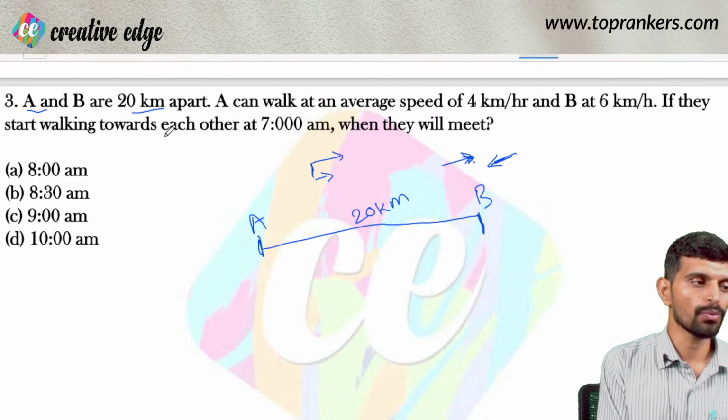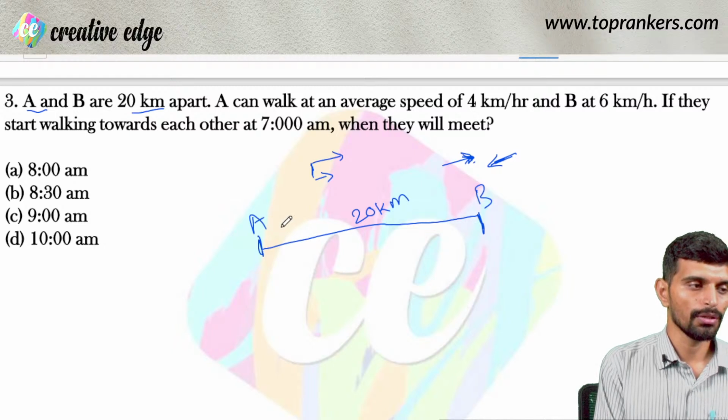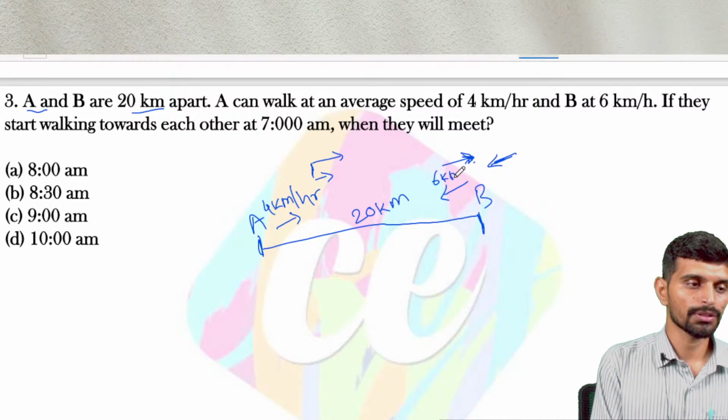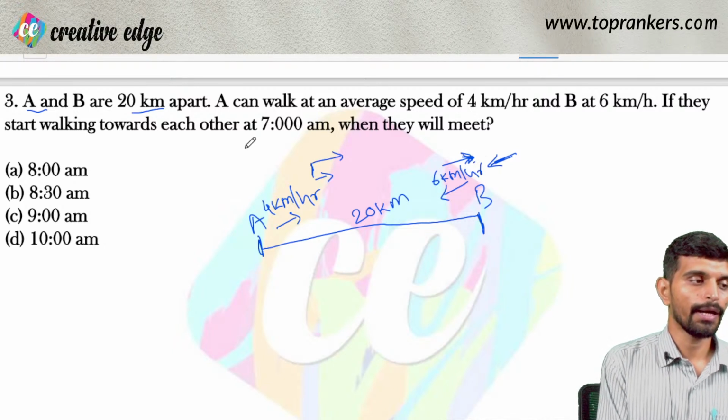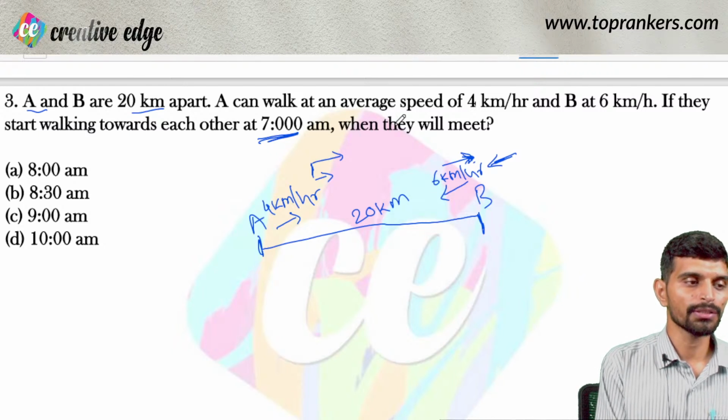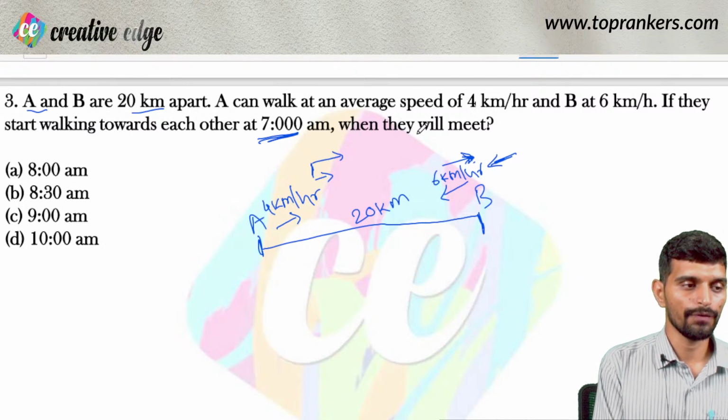If they start walking towards each other, so towards each other it means they must walk in the opposite direction. A walks at 4 km per hour, B walks at 6 km per hour, and they started walking towards each other at 7 a.m. When will they meet?